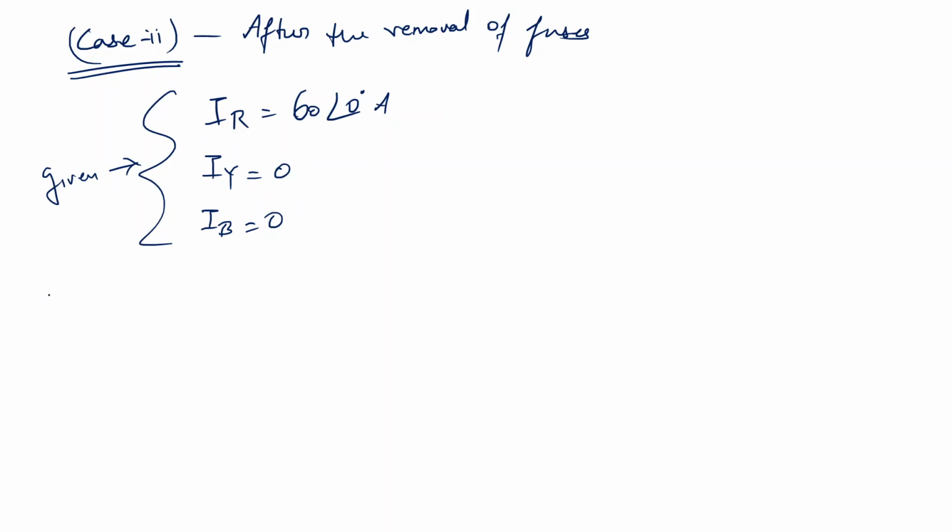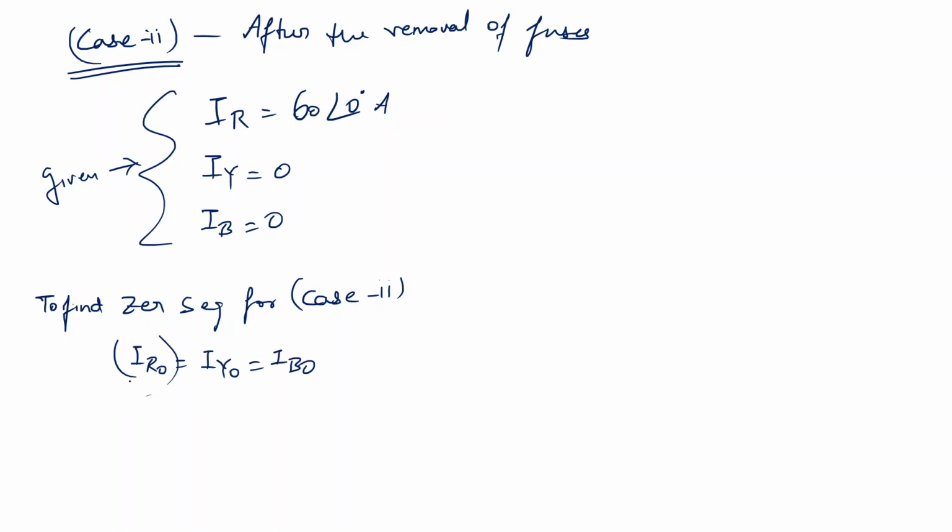Okay, so for case 2 we'll find the zero sequence. We know that IR0 is equal to IY0 is equal to IB0. So if I find only this value, I'll get the rest.